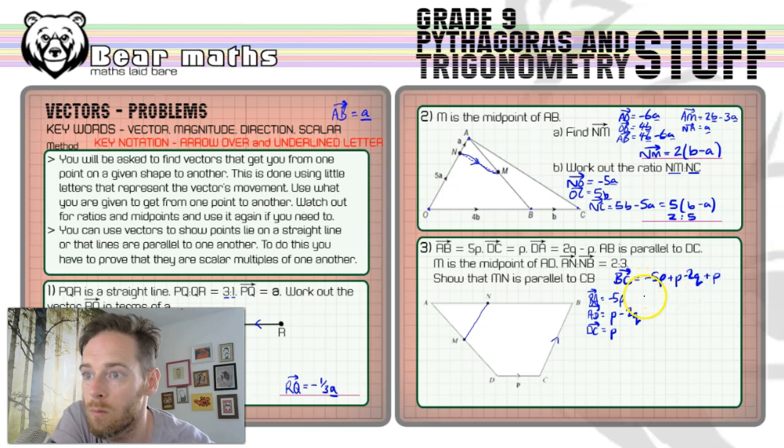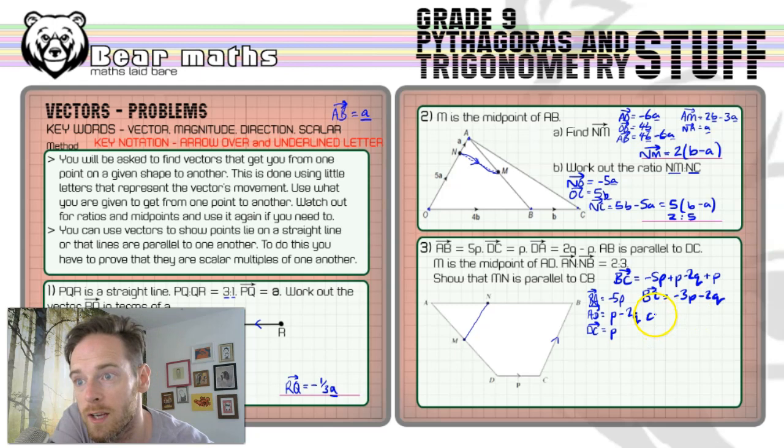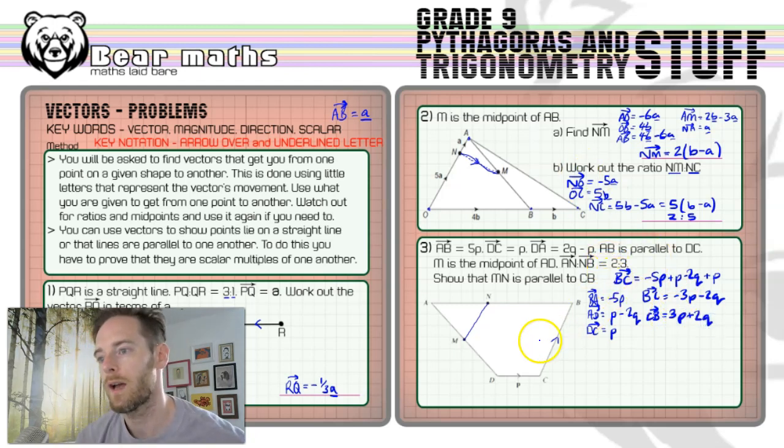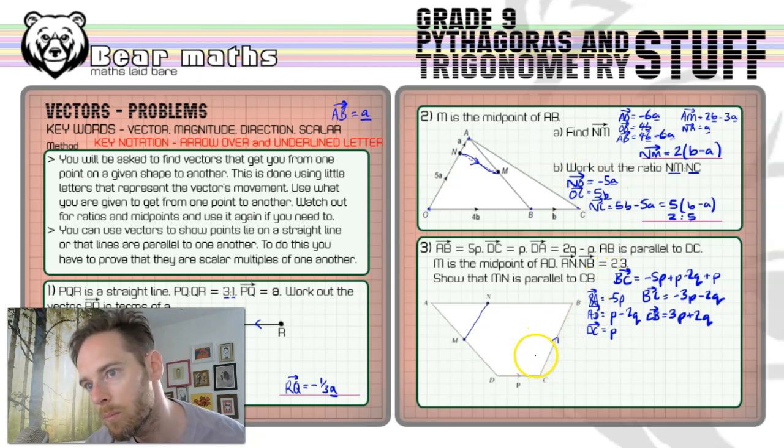So what we've got there, B to C, minus 5p plus p plus another p is minus 3p, and minus 2q. So minus 3p minus 2q, and then we want to go from C to B ideally, so we just reverse this. Now that's going to be 3p plus 2q. I'm going to write that down on there, 3p plus 2q.